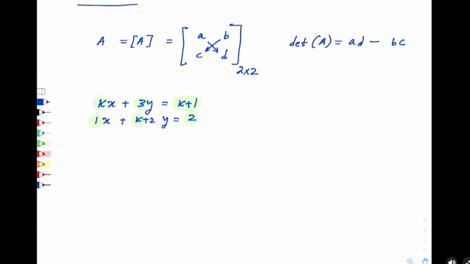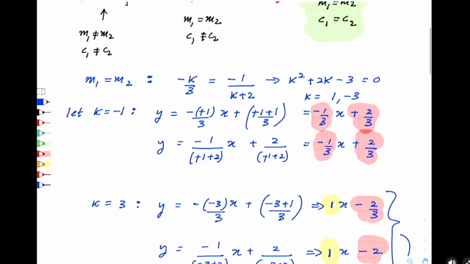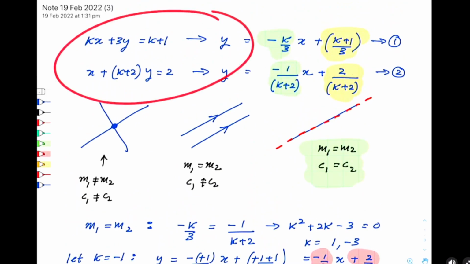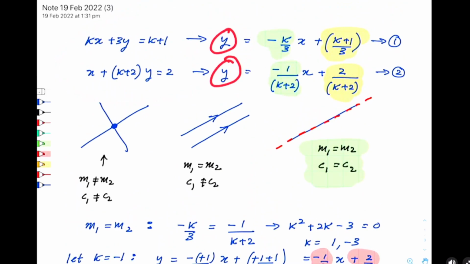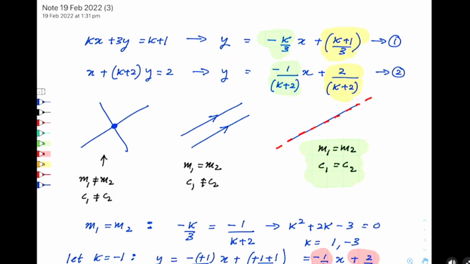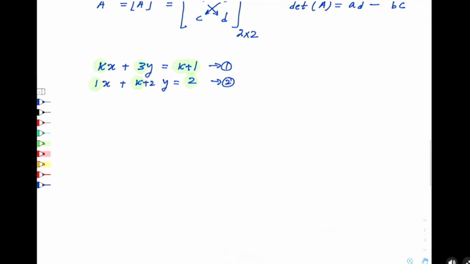In the previous question, when you have the equation, we made y the subject so that we can clearly see the gradient and the y-intercept. But in this method you don't have to do that. You can do it straight.